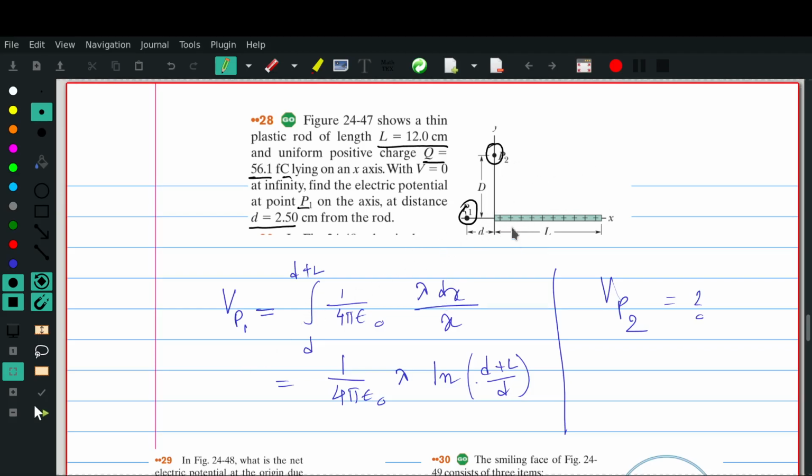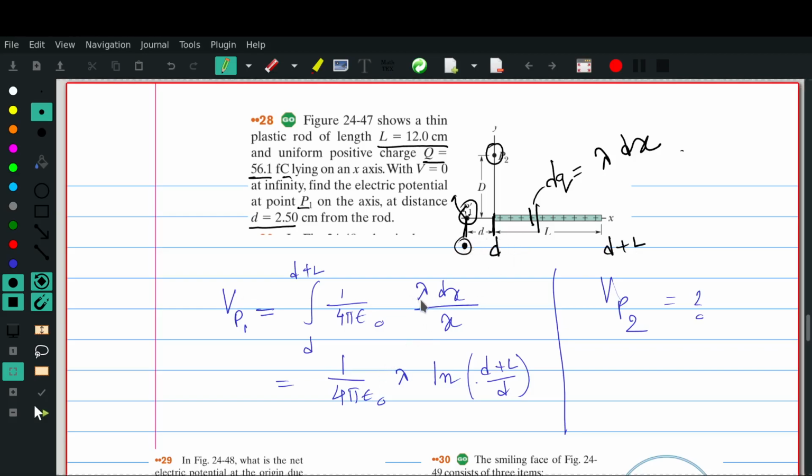Here also we will assume there is this small element, our dq. dq is given by lambda times dx, and the distance when you are measuring from this P1 is just this x. If you are sitting at the P1 point, you will have to substitute the proper limits, because the rod is going from d to d plus l, measuring from this origin.